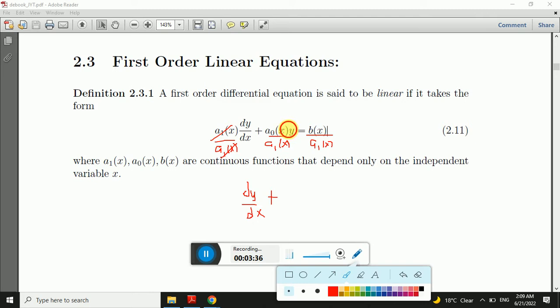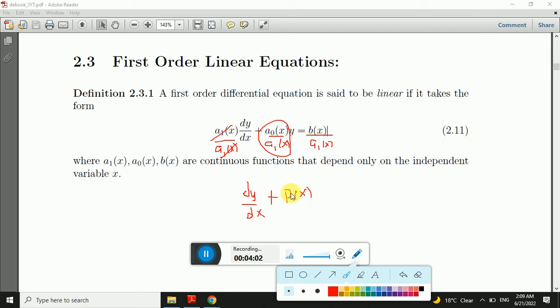So you should note that this a0 of x over a1 of x, both a0 and a1 are functions of x. So we can decide to call this coefficient capital P of x. So it will still be a function of x. When you have a function of x divided by a function of x, you get a function of x.